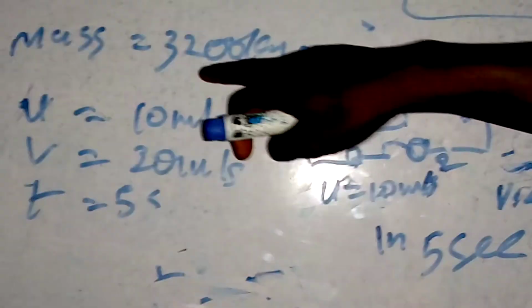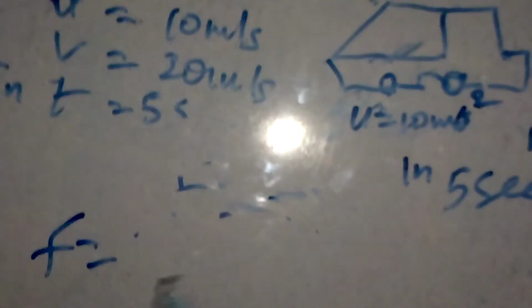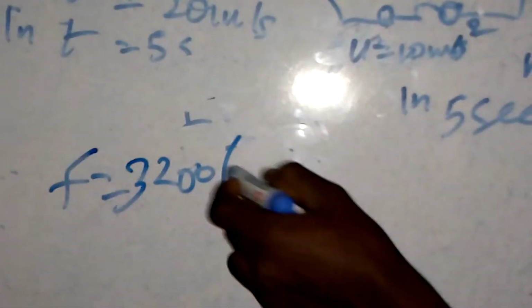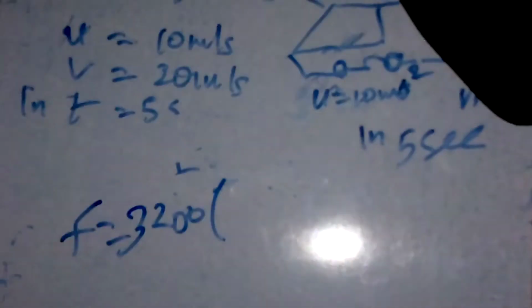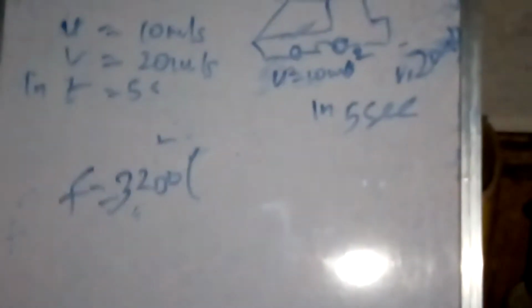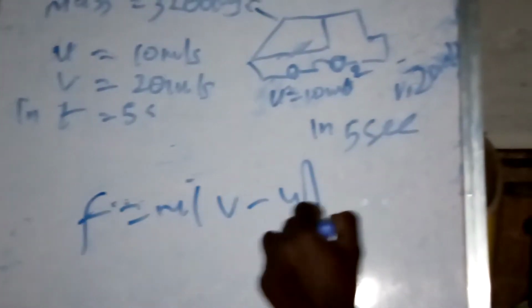What's our force? We don't know. What's our mass? Let's solve it. Open bracket, since m is common at both sides, you can take one m out.